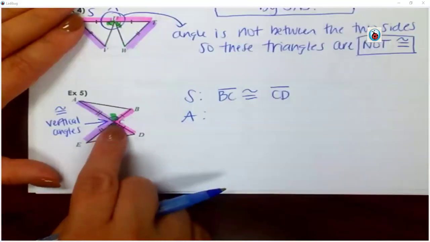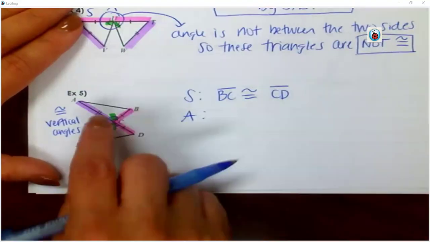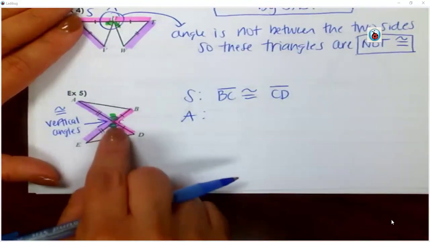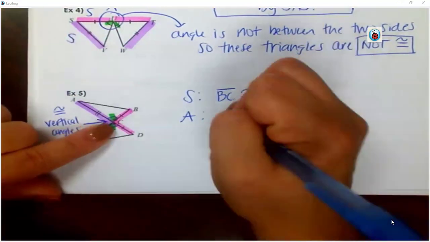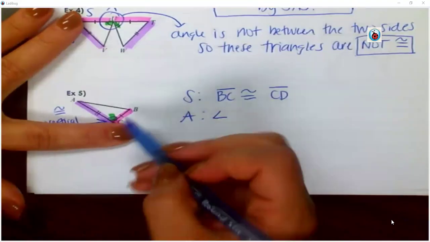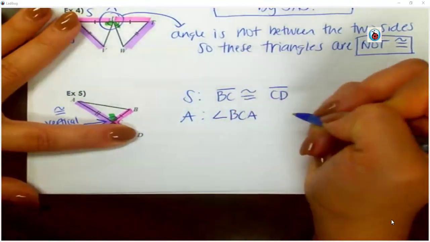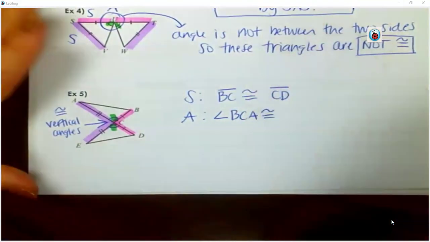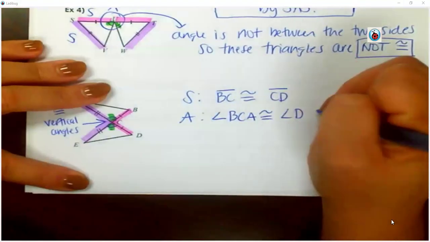However, this C here is technically included in both of these triangles, so we're not able to use just one letter. We have to use 3. So I can say that for this triangle, this angle right here would be angle BCA. Okay? And then this angle would be angle DCE.